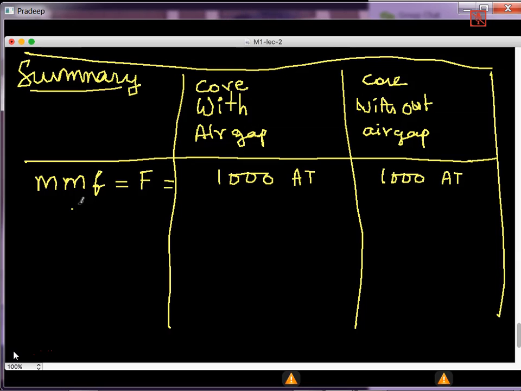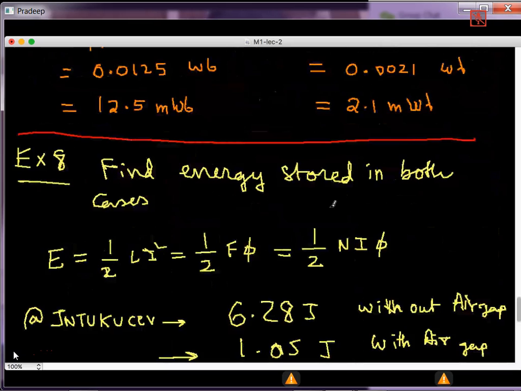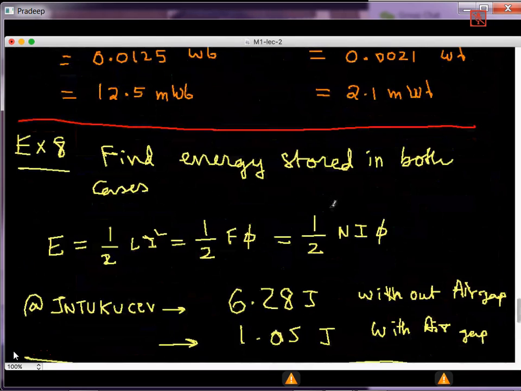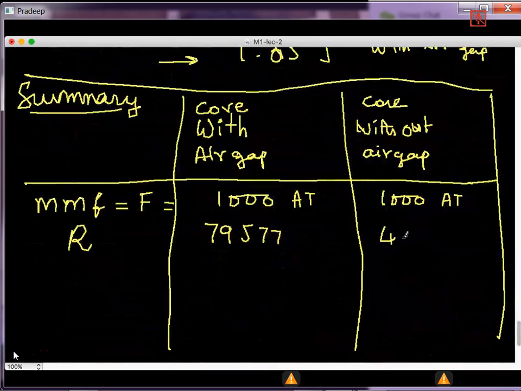But what about reluctance? The reluctance here, it is 79,577. What is the reluctance in the other case? It is 4,77,070.